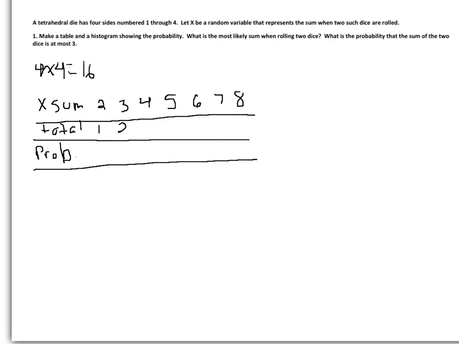So you have 2 total ways. 4, you could go 1, 3, 3, 1, or 2, 2. So 3. 5, you could go 1, 4, 4, 1, 2, 3, 3, 2. So 4. 6, you could go 4, 2, 2, 4, 3, 3. So you have 3. 7, you could go 4, 3, or 3, 4. 8, 4, 4.